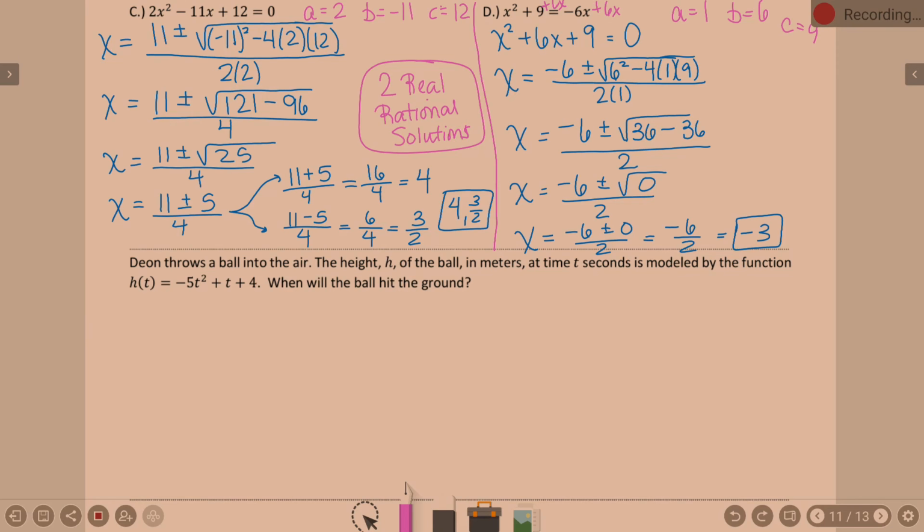So I have this one listed as one real repeated solution. It's something that we talk about sometimes with quadratics. It is real, there's no i's. And it's repeated because if you add the 0 and you subtract the 0, we technically are getting 2 answers.